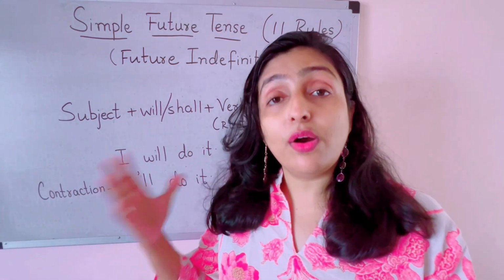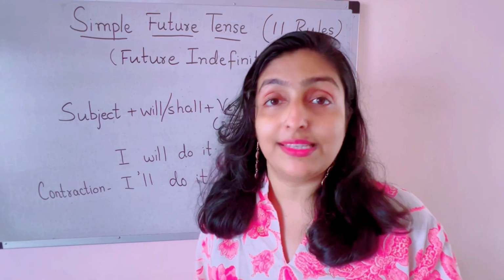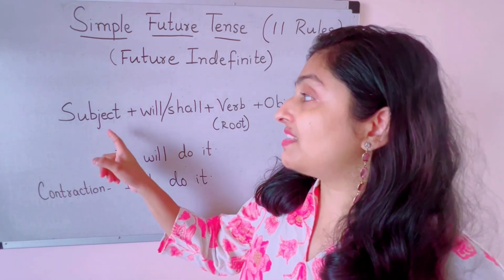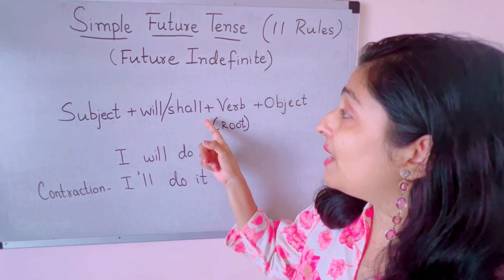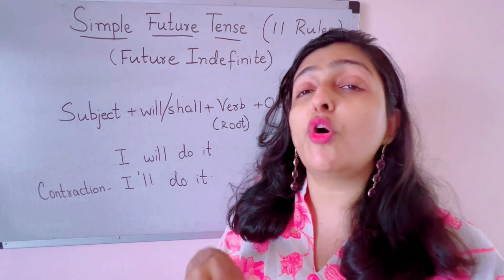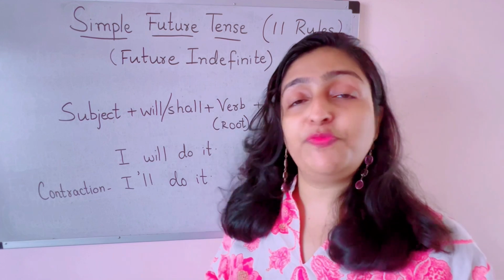So let's learn first the structure or the construction of a sentence in simple future tense, and that is subject plus will or shall, plus verb, which is the base form or the root form of the verb, and then comes the object.